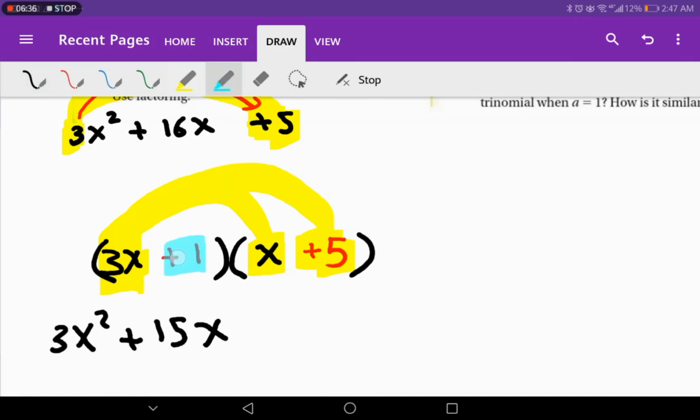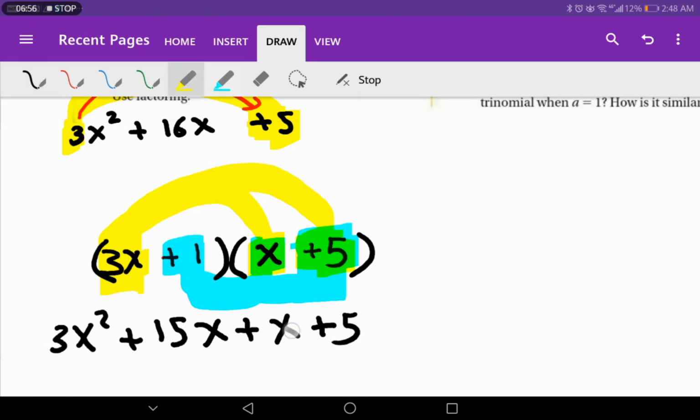Now positive 1 multiply x equals positive 1x, and positive 1 multiply positive 5 is equal to positive 5.